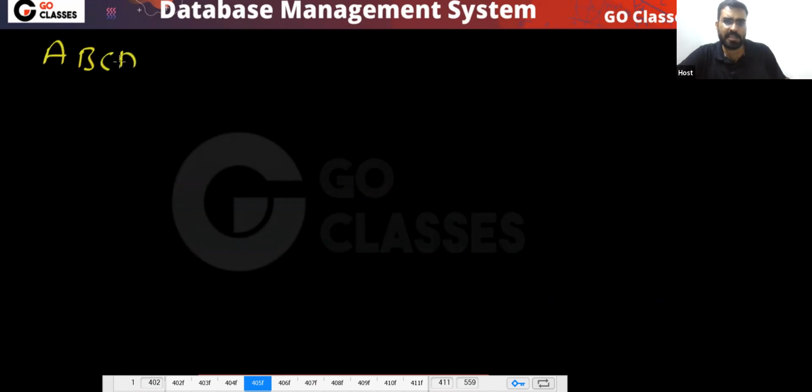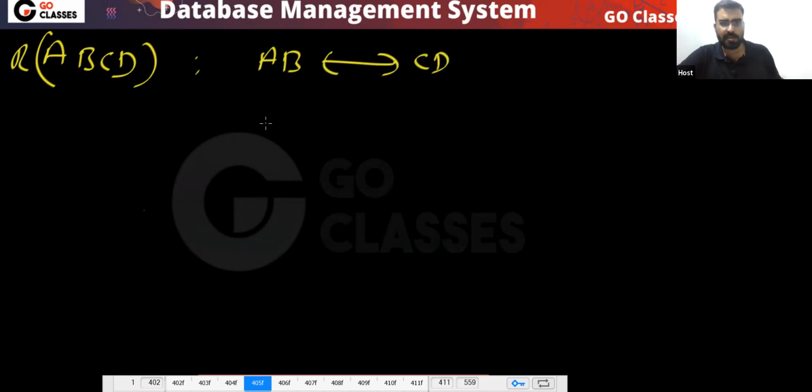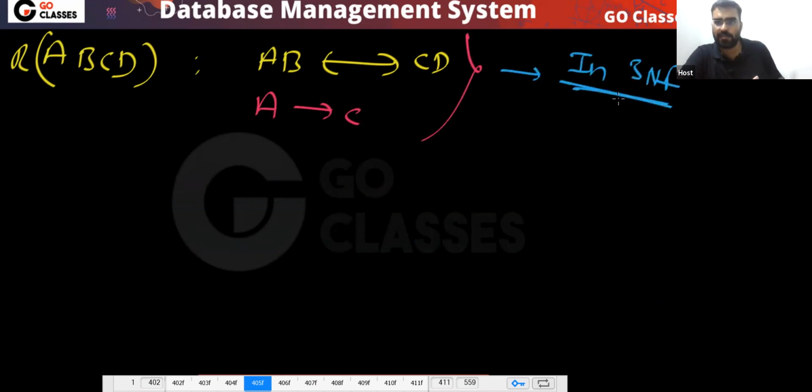Consider a relation ABCD, and let's assume AB determines CD, CD determines AB, and A determines C. Now here what will happen? See, this is in 3NF, right? Correct? This is in 3NF, but still you can notice this type of situation.